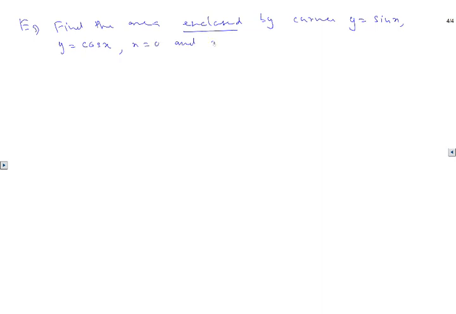Find the area enclosed by, or bounded by, the curves y equals sin x, y equals cosine x, x equals 0, and x equals pi over 2. Find the area enclosed by curves y equals sin x, y equals cosine x, x equals 0, and x equals pi over 2.